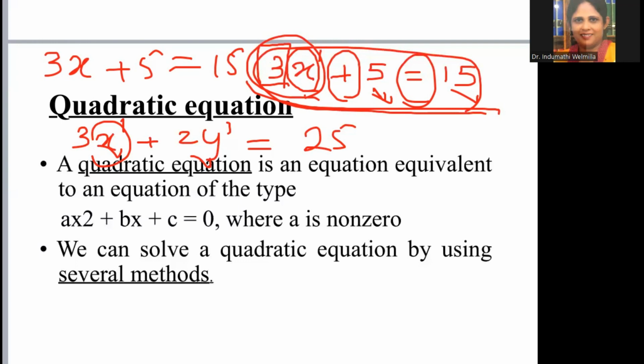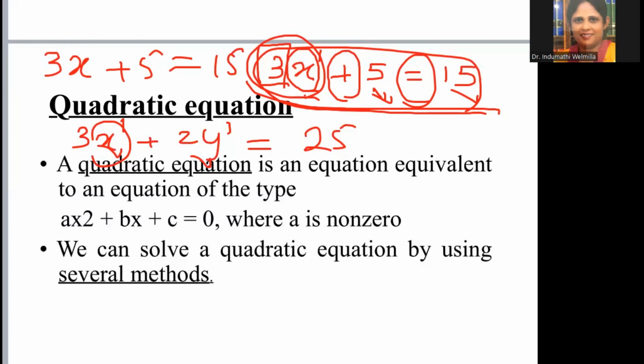In addition to that, in this lecture I will highly focus on the quadratic equation. Equations with degree 2 are known as quadratic equations.